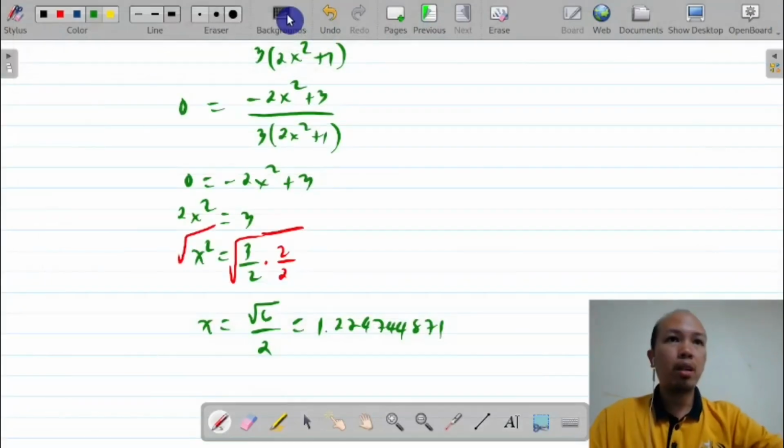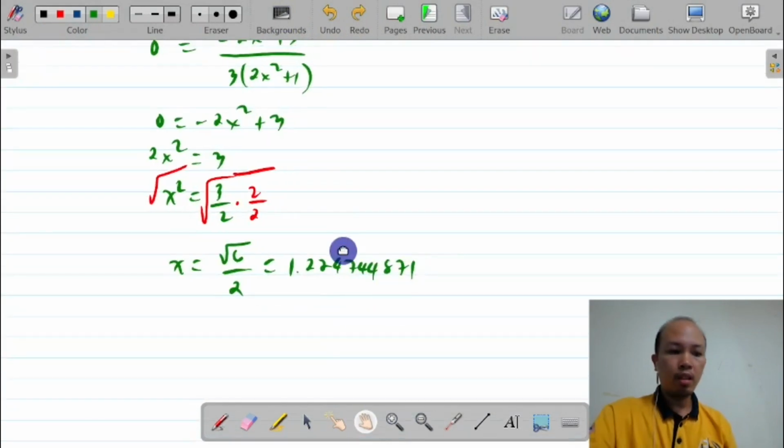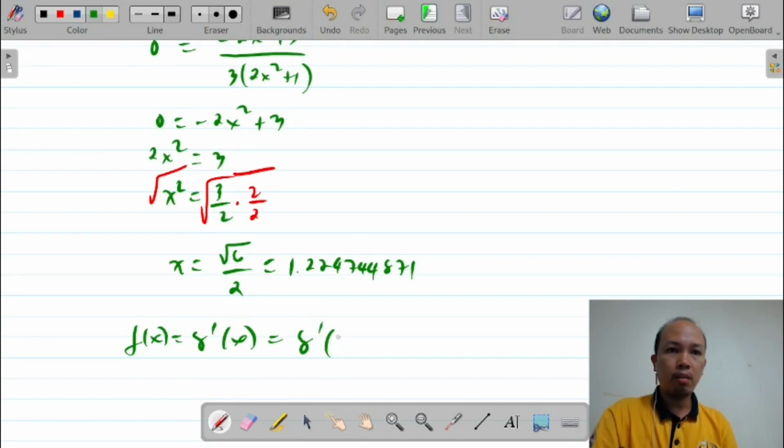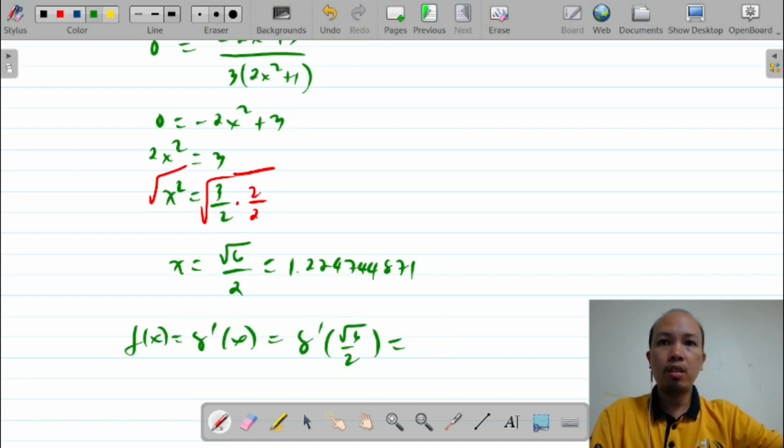So if we go back to our open board, our f of x, or since our f of x is our g prime of x, and g prime of x of square root of 6 over 2 is, based on the calculation, 0.648 0537 657.